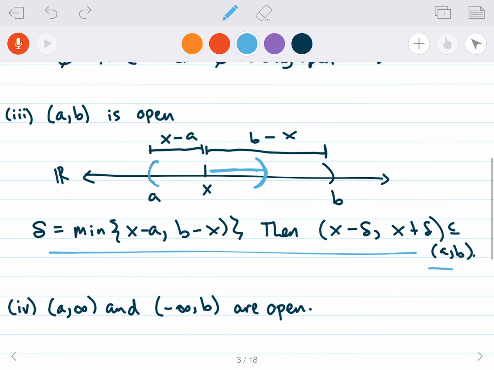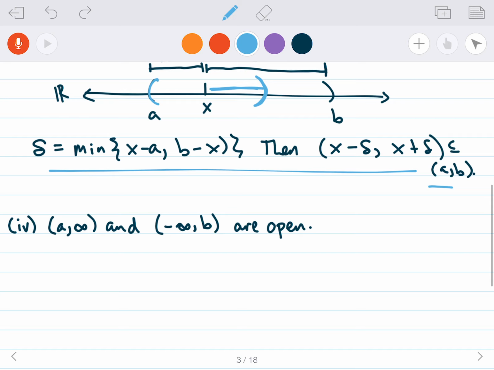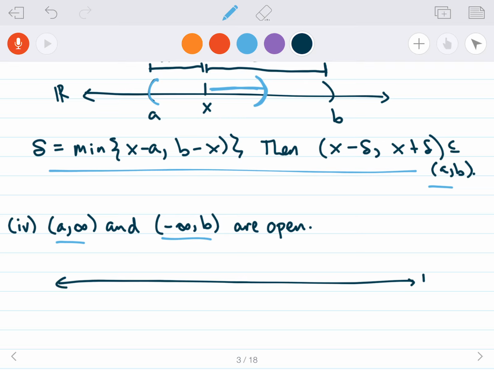Likewise, the interval from a to infinity is open, and negative infinity to b is also open, and we can play the same sort of game with these. Again, what's the definition of openness? It just means that for everything in the set, we can find a little neighborhood centered around that element that stays in the set.